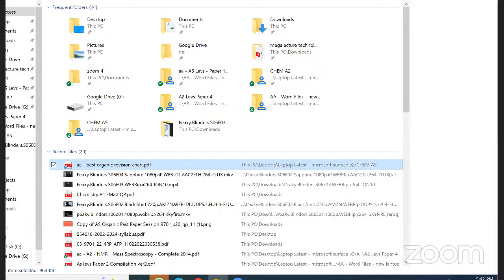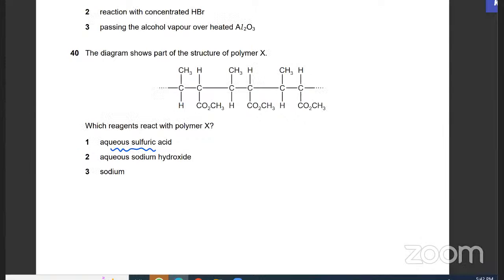What is this molecule? I know it's a polymer, but what is this? This is an ester link, right? So this one is an ester link, and ester links have C=O and O. And remember, esters, they get hydrolyzed. If you have an ester, they have two types of hydrolysis.